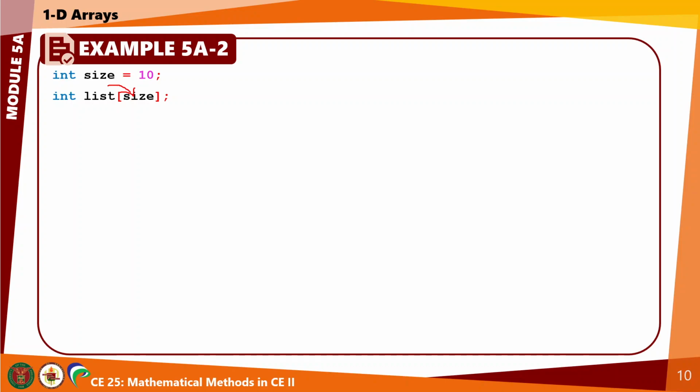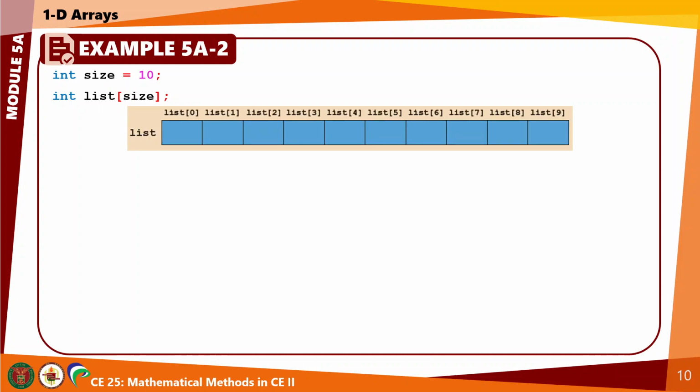So that we expect this array to have 10 elements or 10 components. Okay? So basically, ayan na siya yung laman niya. After mo i-declare, meron ka ng an array with a name list with 10 elements. Okay, wala pang laman kasi hindi pa naman initialized. Okay, so when you say list[5], that's the 6th element.